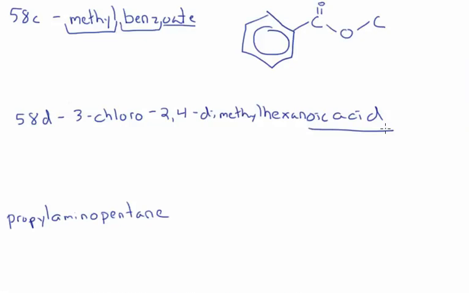We know that these numbers do not tell us anything about where the carboxyl group is, because in a carboxylic acid, the carboxyl group has to be on carbon 1. Hexane tells us that we have 6 carbons, single bonded together. 1, 2, 3, 4, 5, 6. And number 1 has the carboxyl on it.